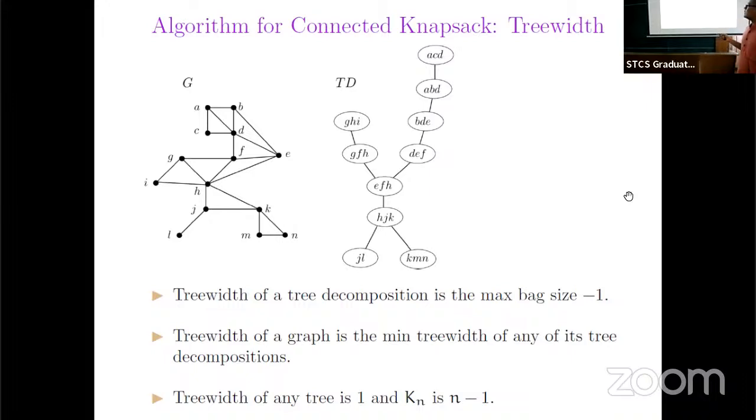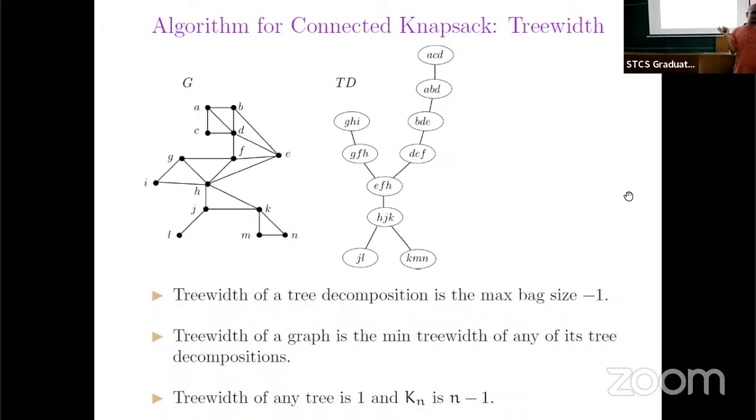It should be connected; it's a subtree. Connected piece of a tree is a subtree. Correct. For example, if you look at E, this should be connected. Okay, so this is a tree decomposition of a graph.